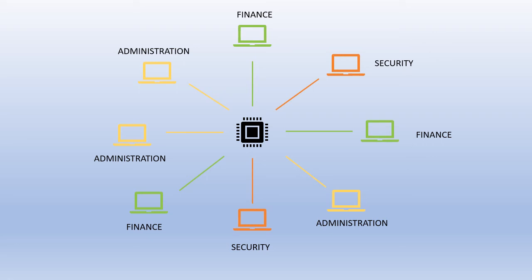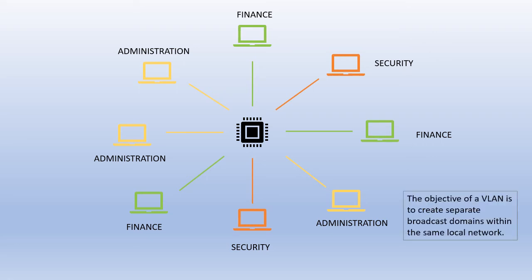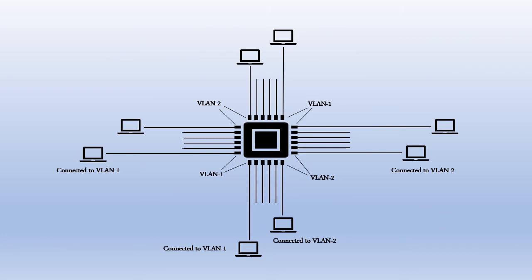The objective of a VLAN is to create separate broadcast domains within the same local network. VLANs create a logical gateway on the ports of a switch so as to create smaller local networks within the network. The configuration of a VLAN on the switch ports can be represented as this, where a host is connected to a port on the switch called an access port.